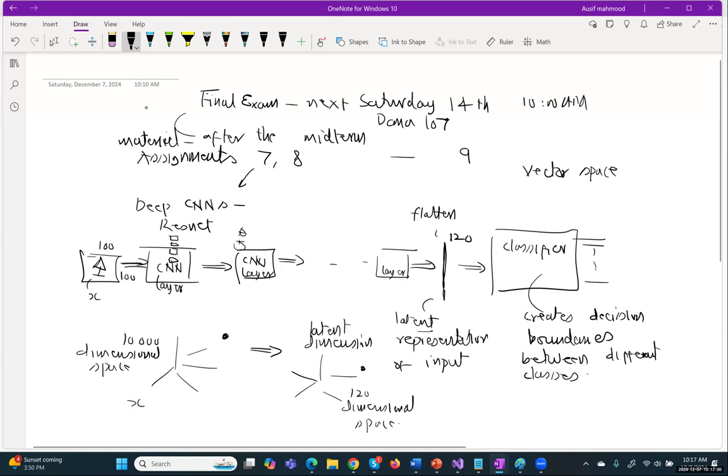So if we have one class over here, another class over here, however many classes we have for our training data, it will create these boundaries so that if an unknown data point is given to us, for example, if it belongs to X category, it can easily recognize that it belongs to this category, right?